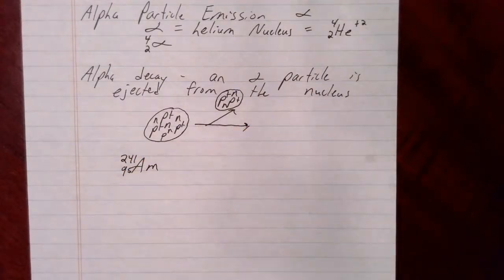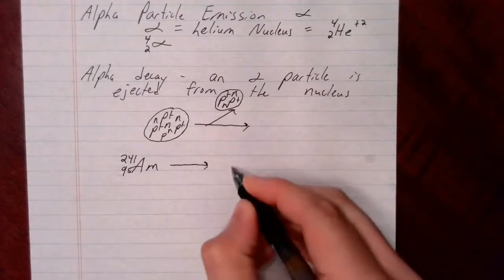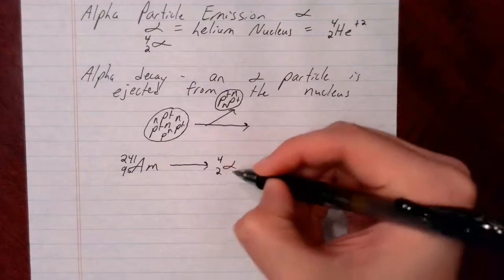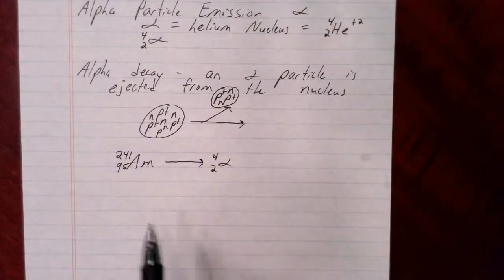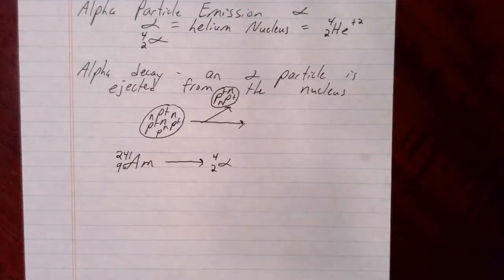I won't go into detail here on how smoke detectors work, but part of the process that allows smoke detectors that contain americium to work is that americium-241 undergoes alpha decay. If it undergoes alpha decay, it's going to eject an alpha particle. So if americium, which has 95 protons, loses 2 protons, it's not americium anymore, because americium atoms always have 95 protons.